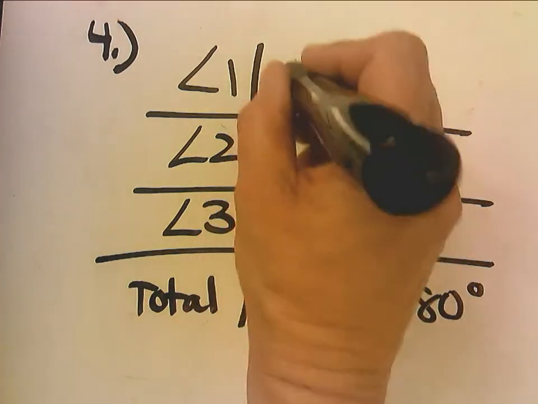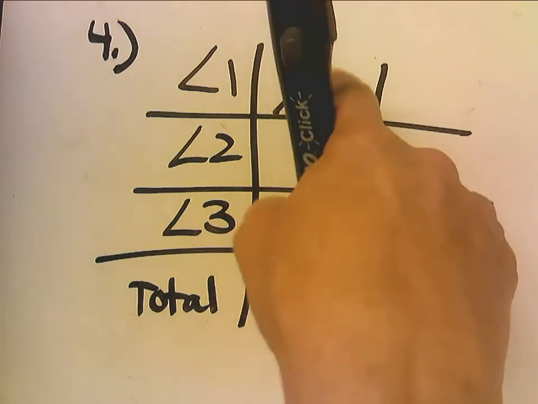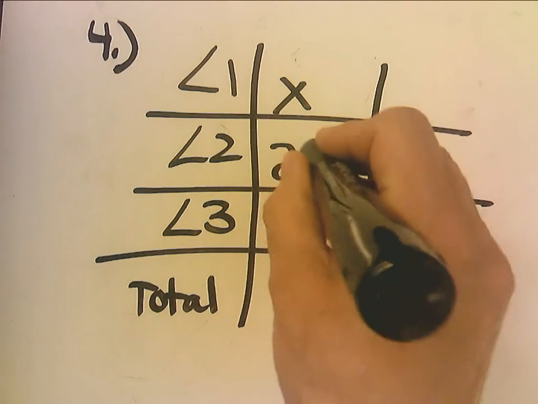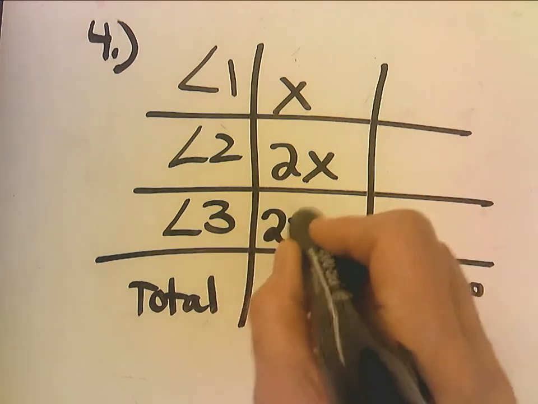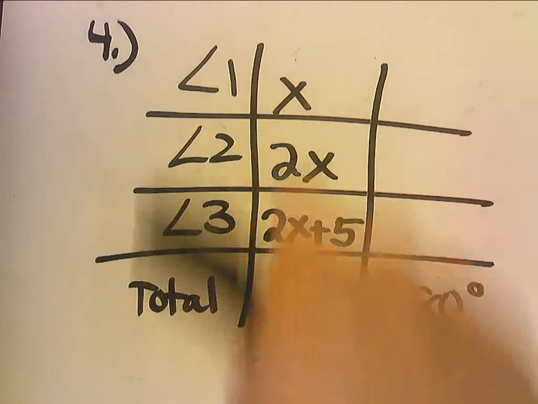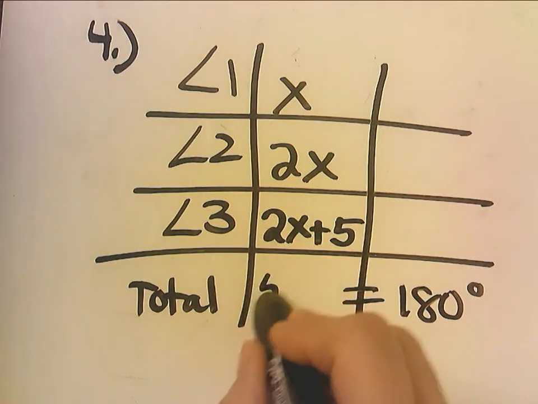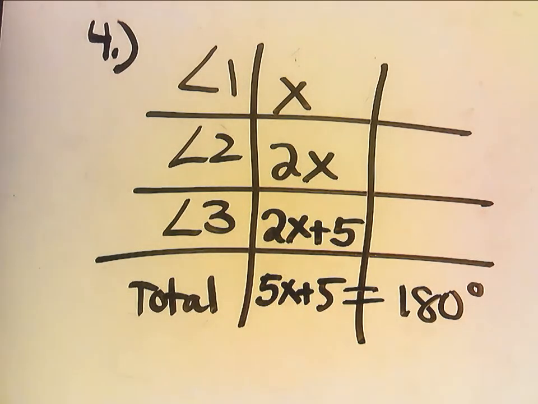So, the first one they say measures x. The second angle measures twice the first angle. So how would we show twice the first? 2x. The third angle is 5 more than the second. So 5 more than the second would be 2x plus 5. Now in terms of x, if I add these all together, that becomes 5x plus 5 equals 180.